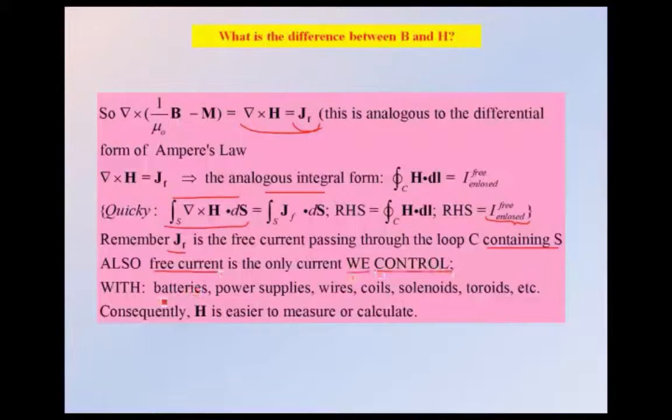So in other words, if you have batteries, you have power supplies, you have wires, coils, solenoids, toroids, etc., you combine these together to give you currents in space through these kinds of structures. As a result, because this is all free current, you can obtain an H which is in many ways easier to measure, and sometimes it's easier to calculate.